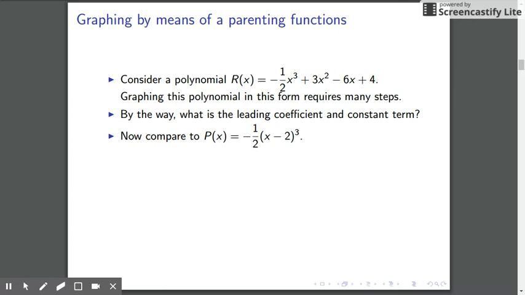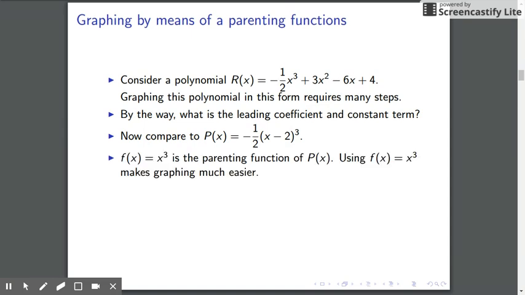Why? Because it reminds you of the parent function y equals x cubed. So this is actually a nice function. The part that I'm not telling you is that if you expand this binomial, x minus 2 to the power 3, by foiling, then multiplying the polynomials together, and multiplying by the coefficient, you will get r of x.